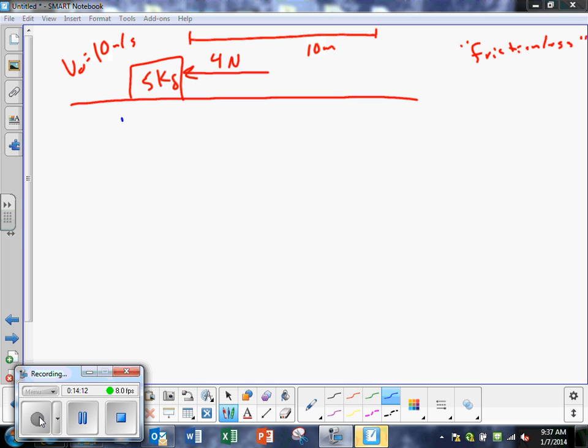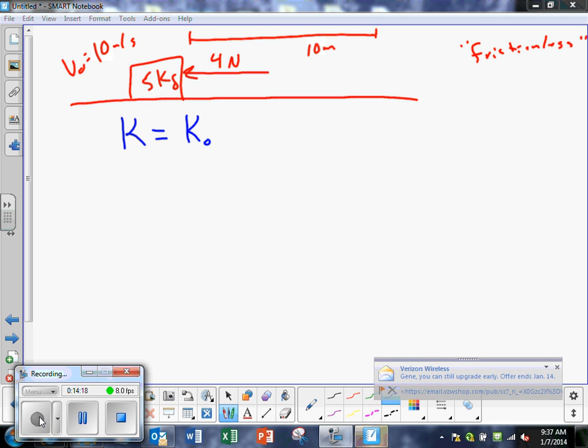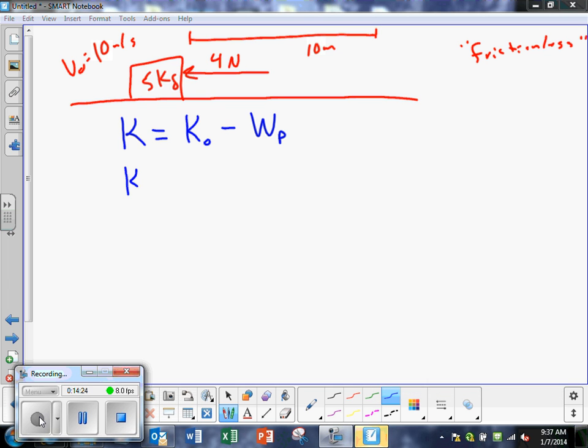So my kinetic energy then is equal to my initial kinetic energy minus my work of the push. So in this case, it's 1/2 times 5, that's mass, times 100, minus the work, which is my force of 4 newtons over 10 meters.